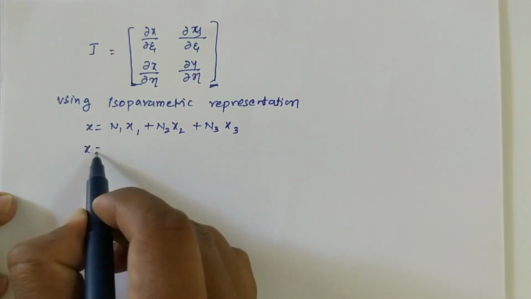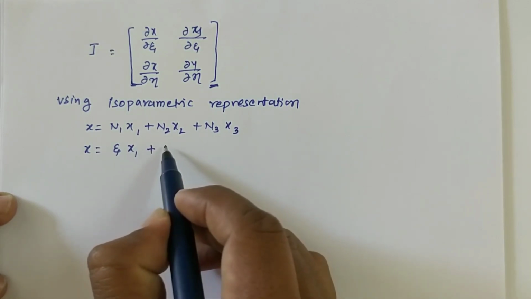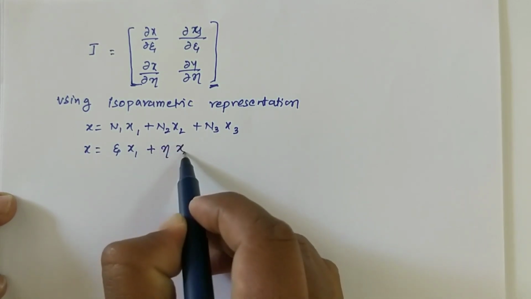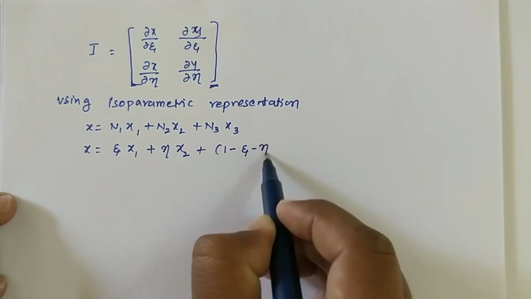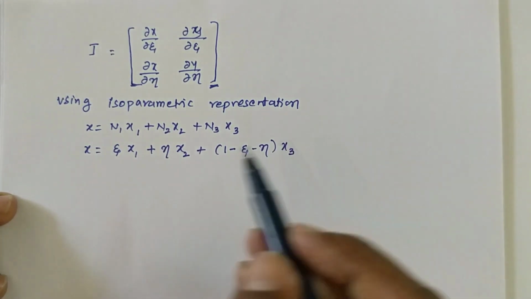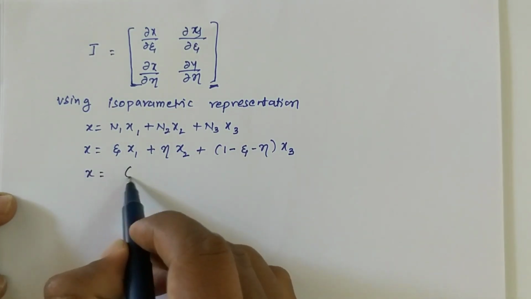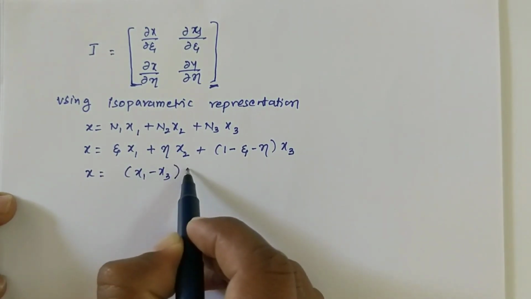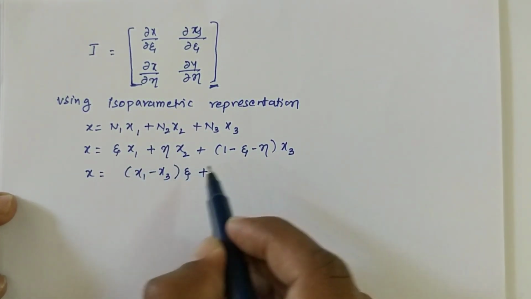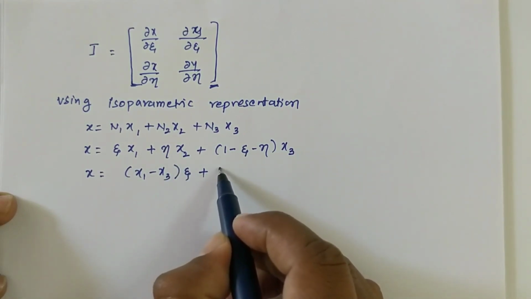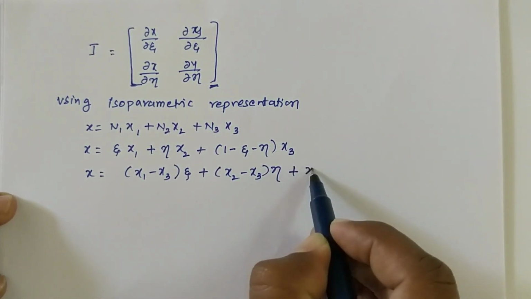We know that for a CST element, n1 is zeta, shape function 2 n2 is eta, and n3 is 1 minus zeta minus eta, into x3. Now we simplify this: x can be written as x1 minus x3 into zeta, taking common from these terms, and similarly x2 minus x3 into eta plus x3.